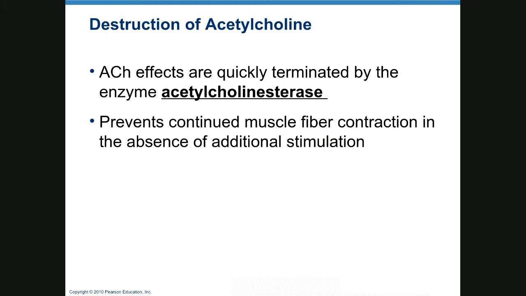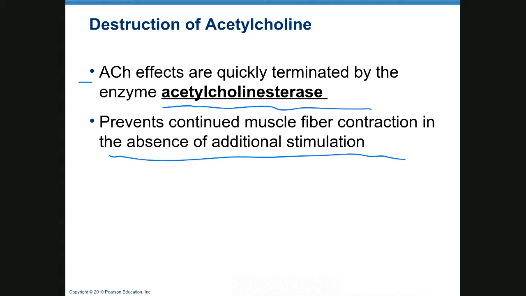Now, acetylcholine is going to be broken down rapidly at the neuromuscular junction by an enzyme called acetylcholinesterase. And this keeps the muscle from continuing to contract over and over again. Now, if you did not have this acetylcholinesterase, then you would have continuous contraction to the point of seizuring.